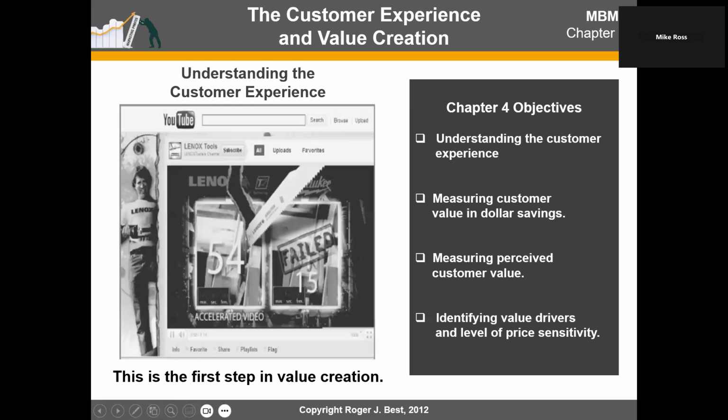Certainly, when I understood the math behind this perceived value creation, for me, it was a game changer because it helped me understand the subjectivity of how individual people determine the value of a product or a service.